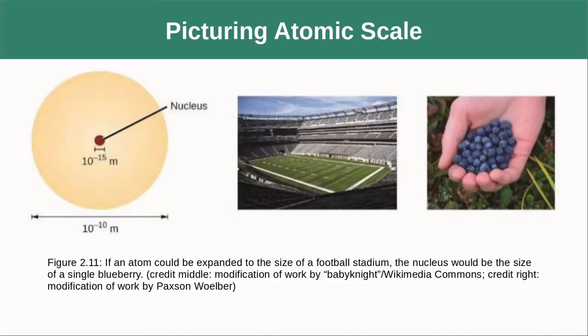To put that in perspective, if an electron is flying around a baseball stadium, the nucleus would only be the size of a blueberry at the very center. And everything in between is going to be empty space.